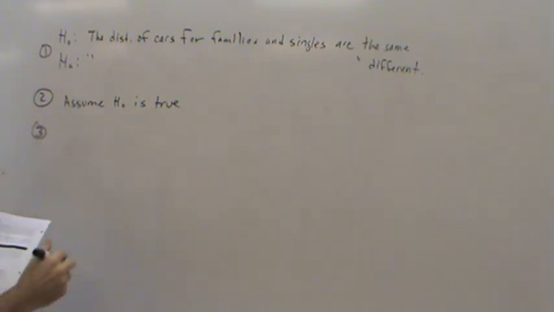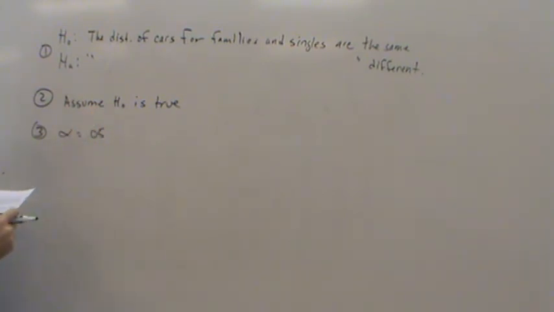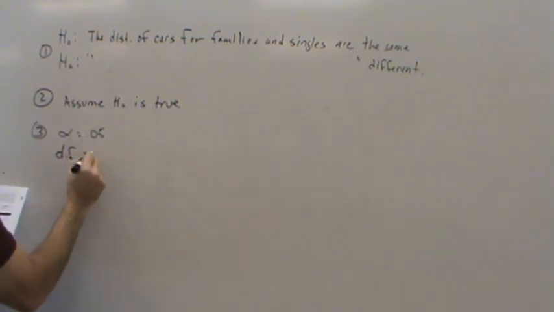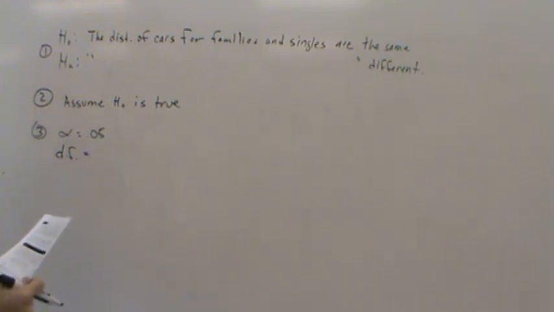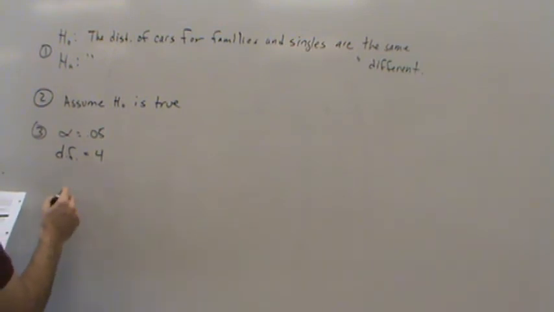3, here's where we're going to put down our alpha level, which is 0.05. And just so we know, what is the degrees of freedom? Well, in this case, we have 2 rows, 5 columns. So it's going to be 1 times 4, so it's going to be 4. So now the table, again, I'm not going to write down the table, I showed it to you, but we have the table of values, and that's going to be our observed values.